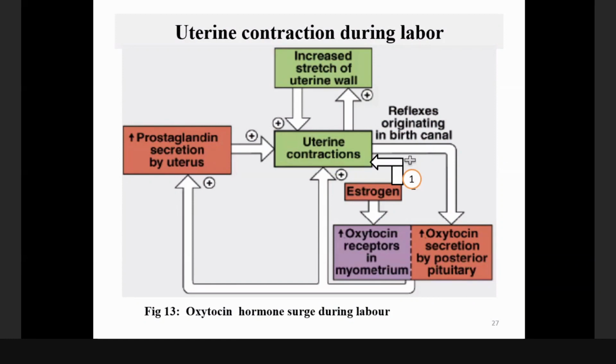Look at figure 13, uterine contraction during labor. Assume there is uterine contraction that is initiated by estrogen. There is a hormone here, and this estrogen is from the ovary of the female, and that initiates uterine contraction.